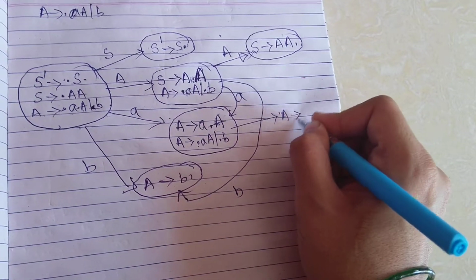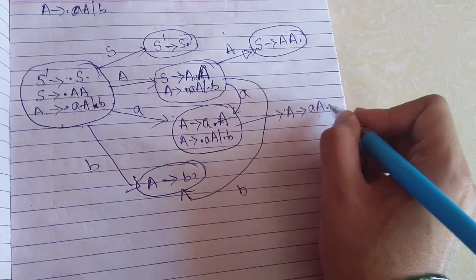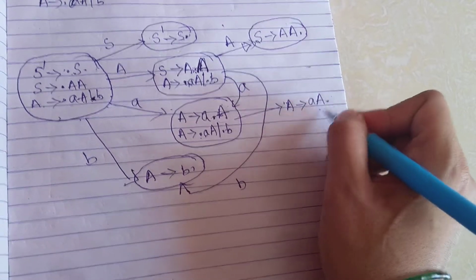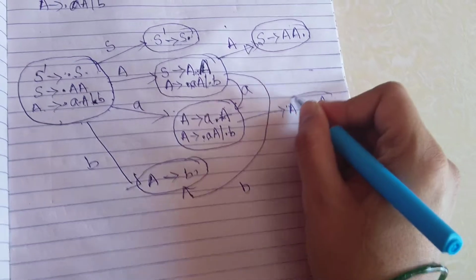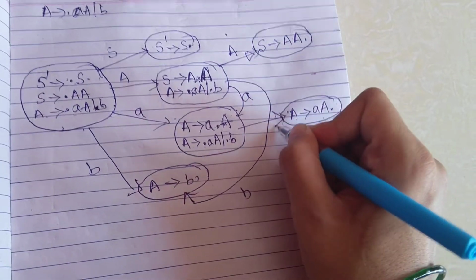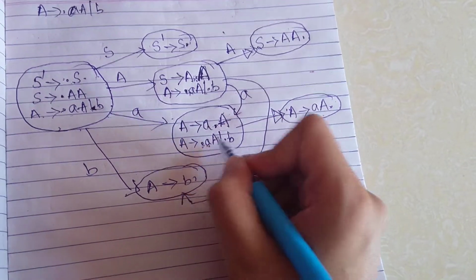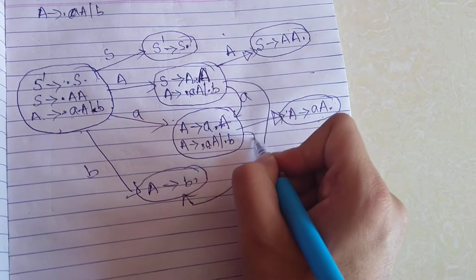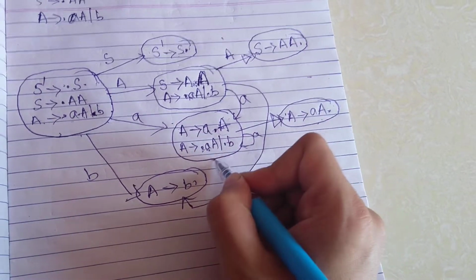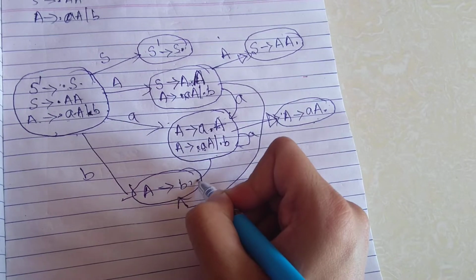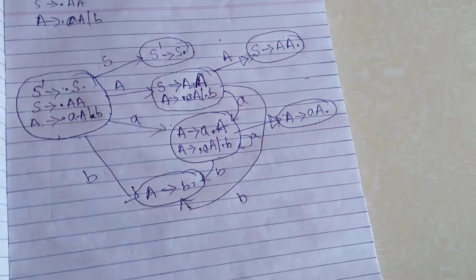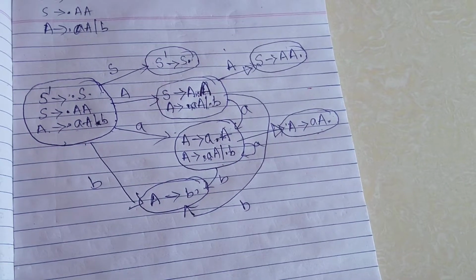A tends to A, capital A dot. Can we write any closure further? No, because the dot ends here. But the dot on small a will be in the same state only, and the dot on small b is on the next state. Understand this? I think you understood this.